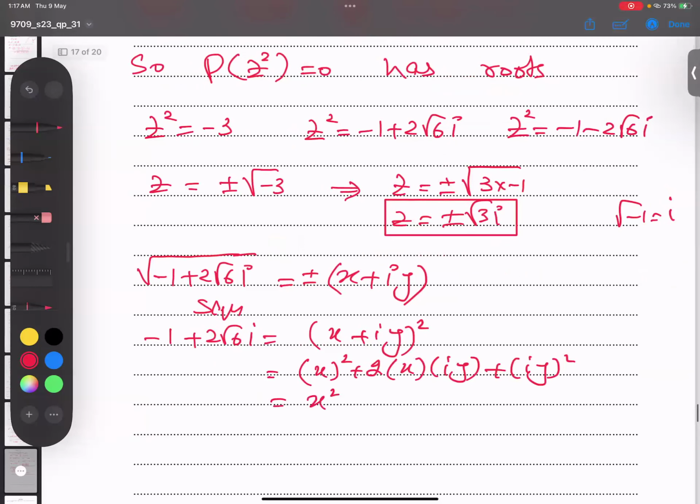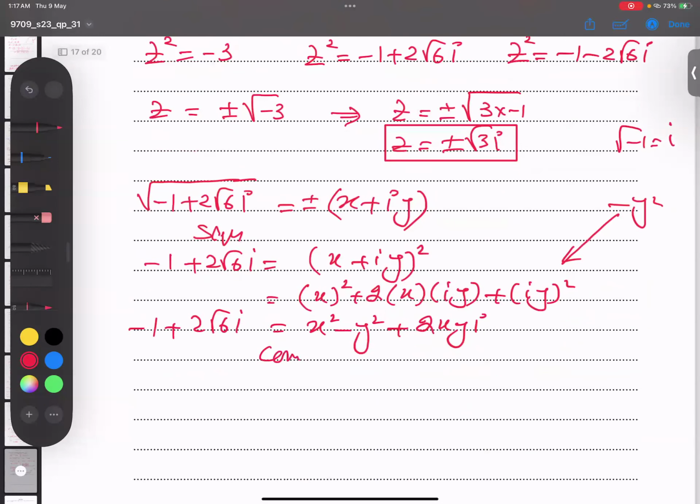And I get x power 2, and this is iota. What is this answer coming? Negative y square. Why? Because iota square is -1, and I'm writing this beside it. So this is real, and this is complex: -1 plus 2 root of 6 iota. When I compare both sides, students, the real part is this and the real part is this, and the complex part, the iota part, equals that.